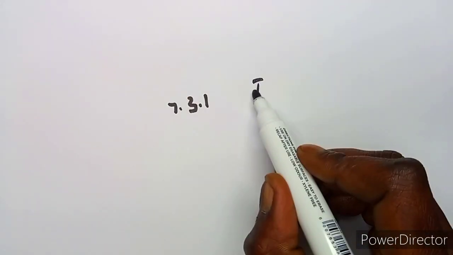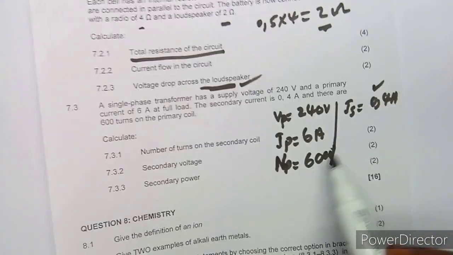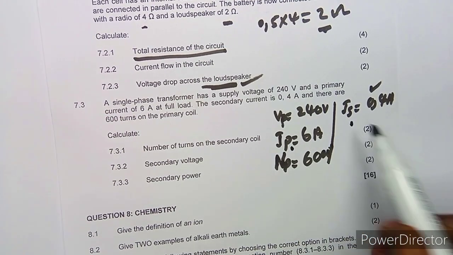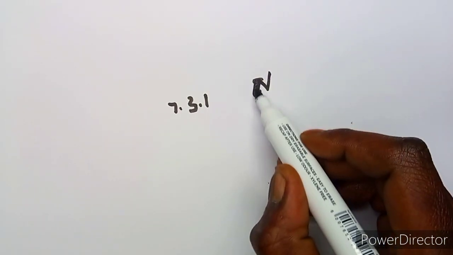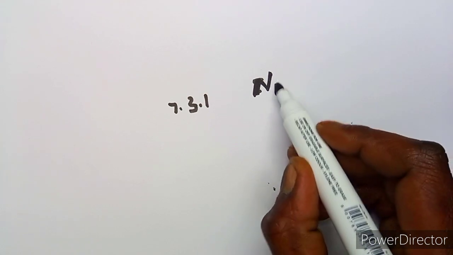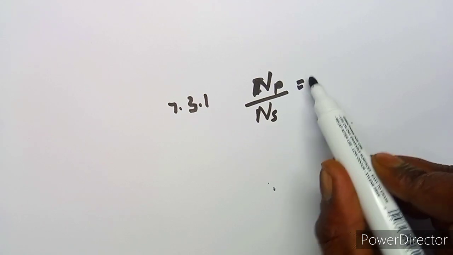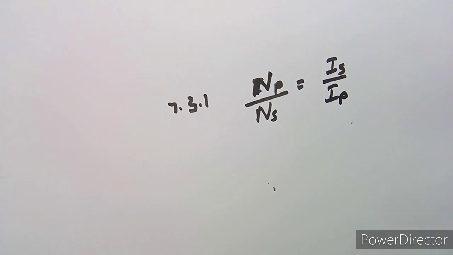If we start with NP, you can understand me better. It's supposed to be NP over NS. The moment you write it in terms of current, it interchanges: it's IS over IP. That will be what you're going to have, so it's just a matter of cross multiplication.